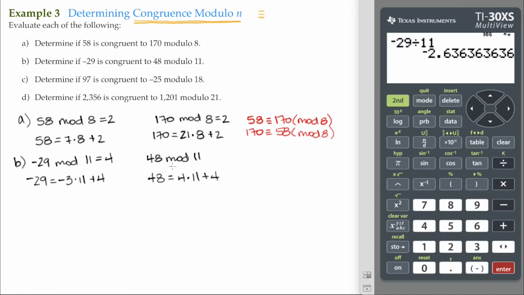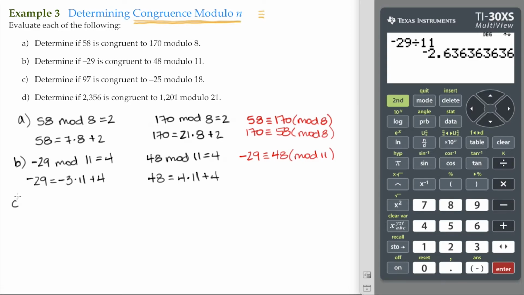Plus 4, so 48 mod 11 is also 4. So we can write this as negative 29 is congruent to 48 mod 11. And again, we could also write it as 48 is congruent to negative 29 mod 11.